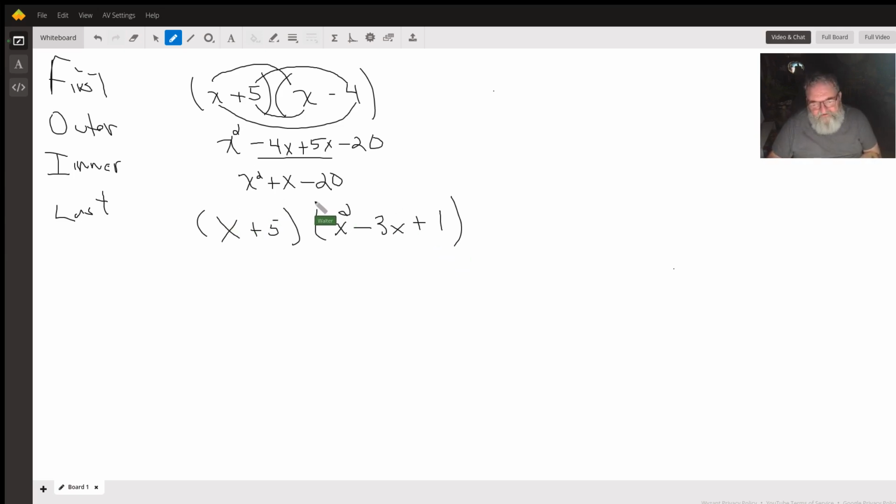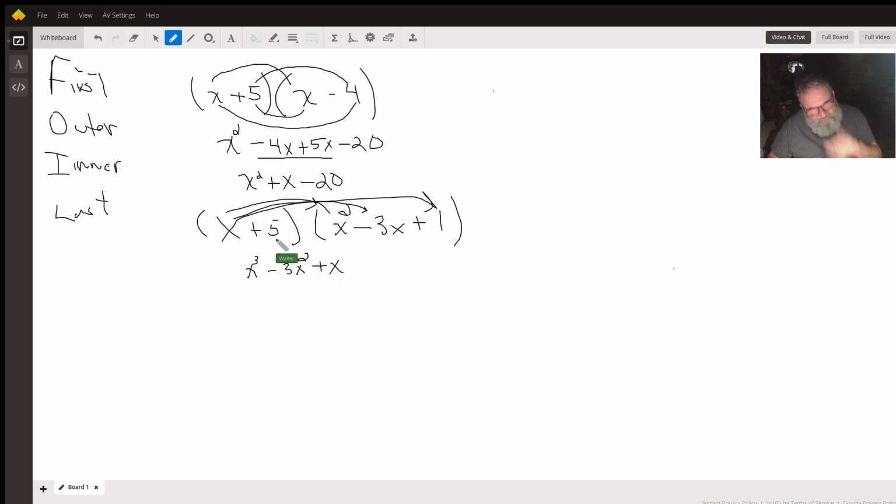The first term in the first polynomial times every term in the second one. So x times x squared gives us x cubed. x times negative 3x gives us negative 3x squared. And x times 1 gives us plus x.